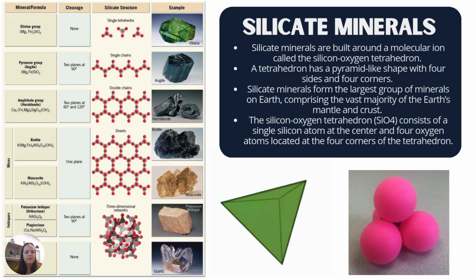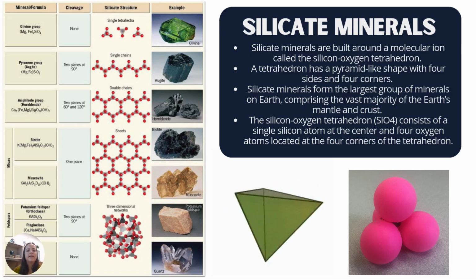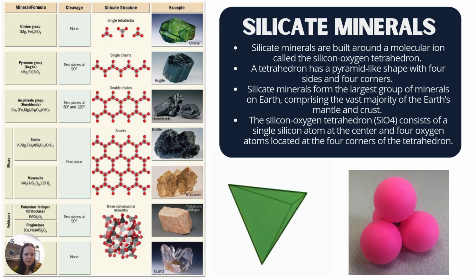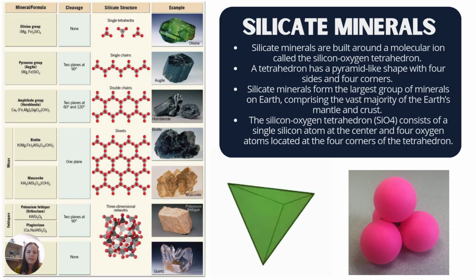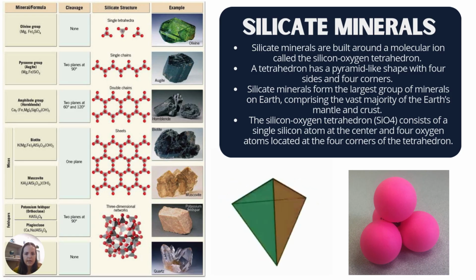All right, so getting into the silicate minerals specifically, they are built around a molecular ion called a silicon oxygen tetrahedron, which is that thing that's kind of spinning there for you. They have four sides, and it looks kind of like a pyramid. Four sides, including the base, three on the surface there, and then there are 4 points that connect all of those pieces. Silicate minerals are the largest group of minerals on Earth, and they comprise most of the Earth's mantle and crust.